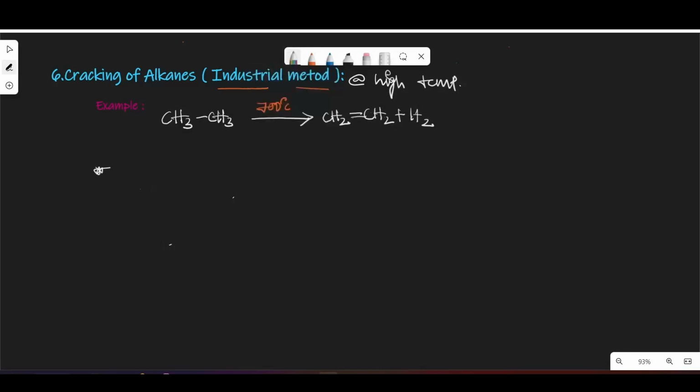If you take propane, there is a probability of cleavage of the carbon-carbon bond also. That's why this is not that important a reaction, but we should cover all the topics. Here we will get one of the products as an alkene, and ethene also you can get from this. This is all about preparation reactions of alkenes.